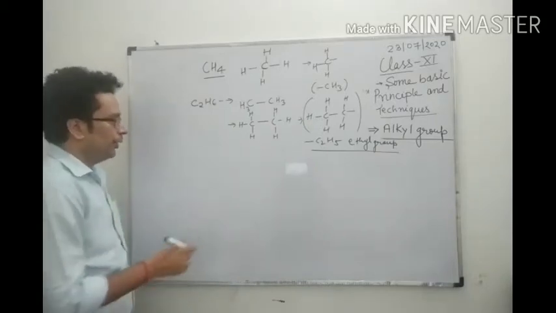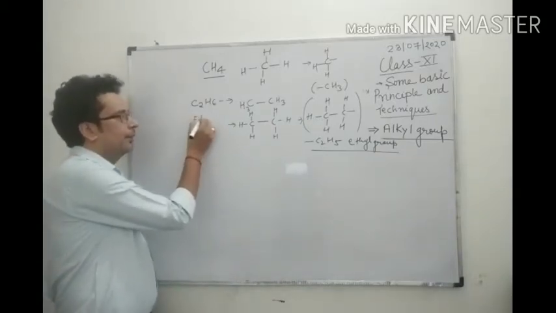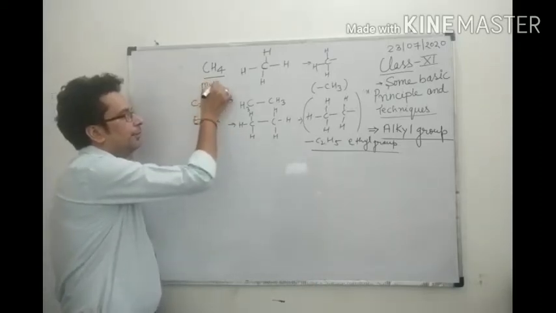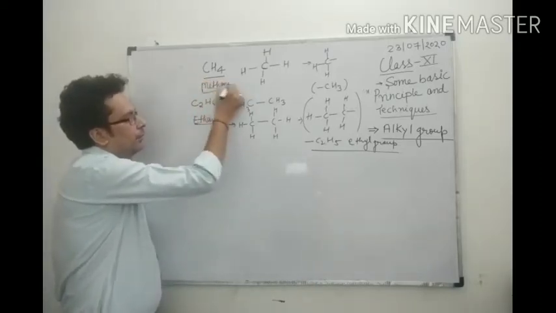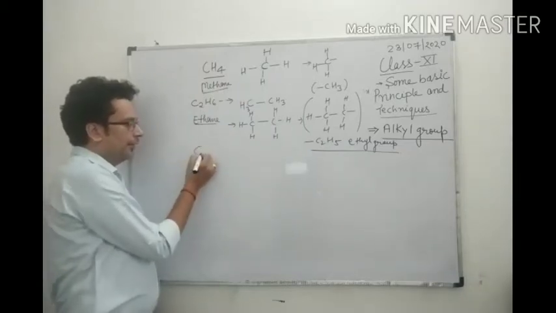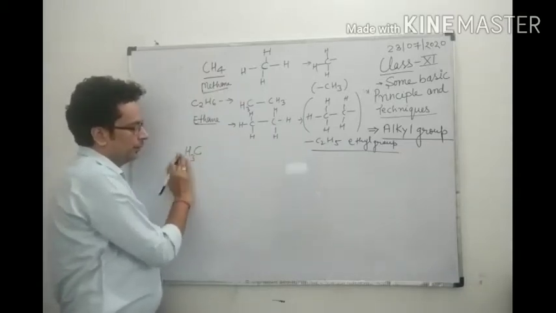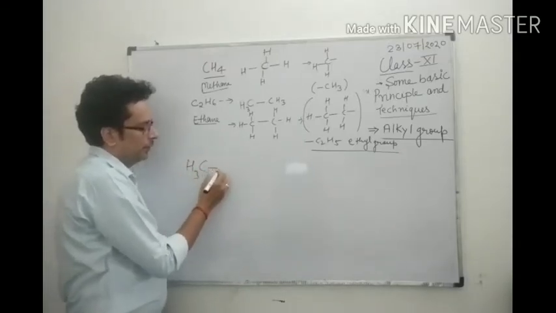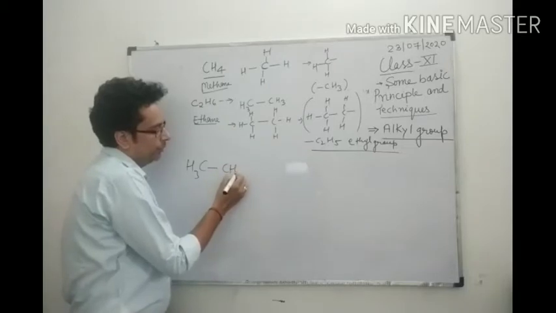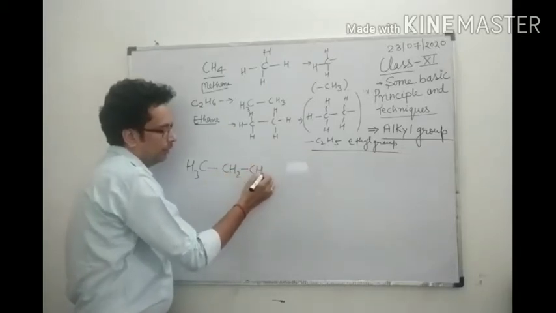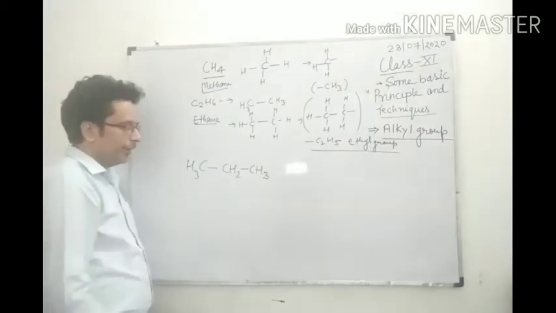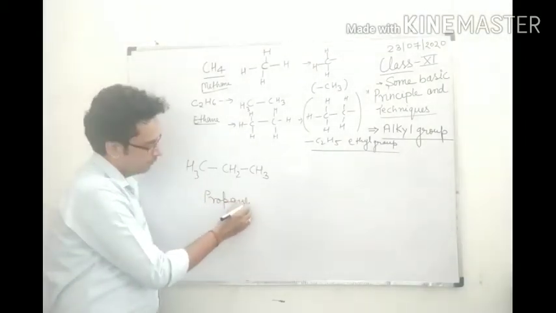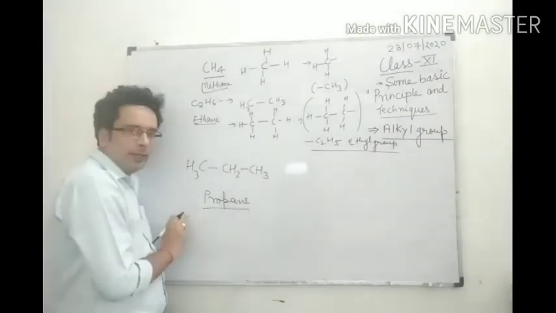Now look here, this is ethane and this one is methane. Now CH3 CH2 CH3, this is propane.